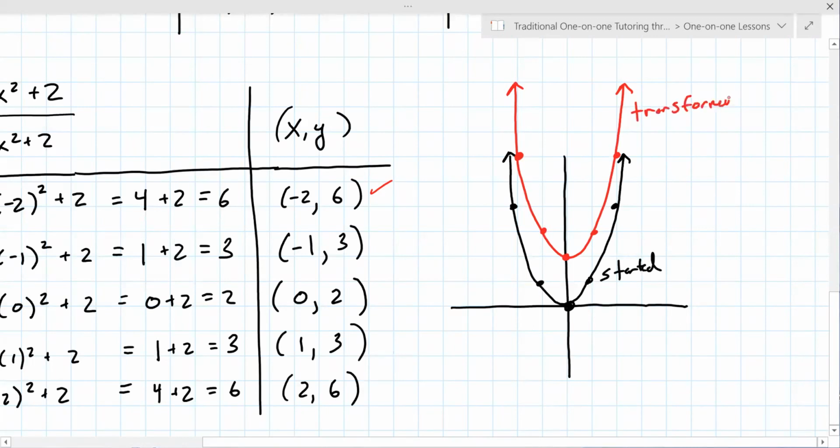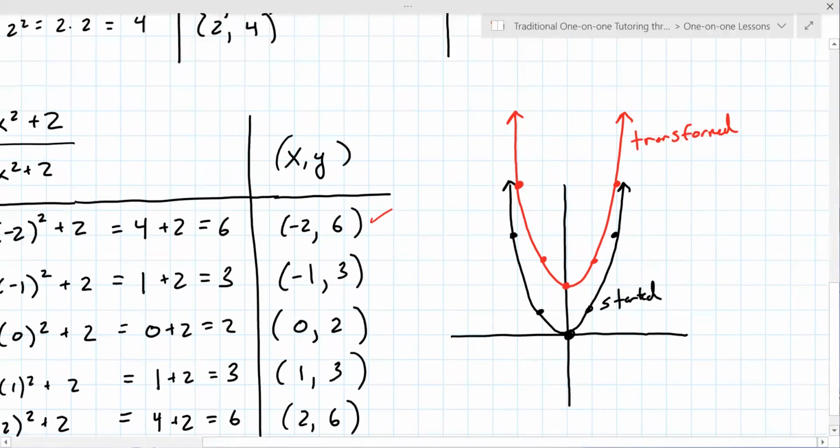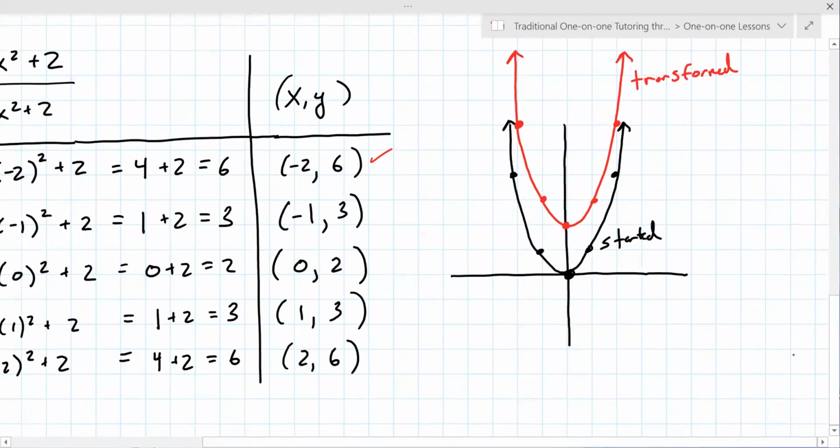But could you tell me in words what happened here? What do you notice is different about the red compared to the black? You just have to add 2 spaces up. Right, exactly. It's up 2 spaces.